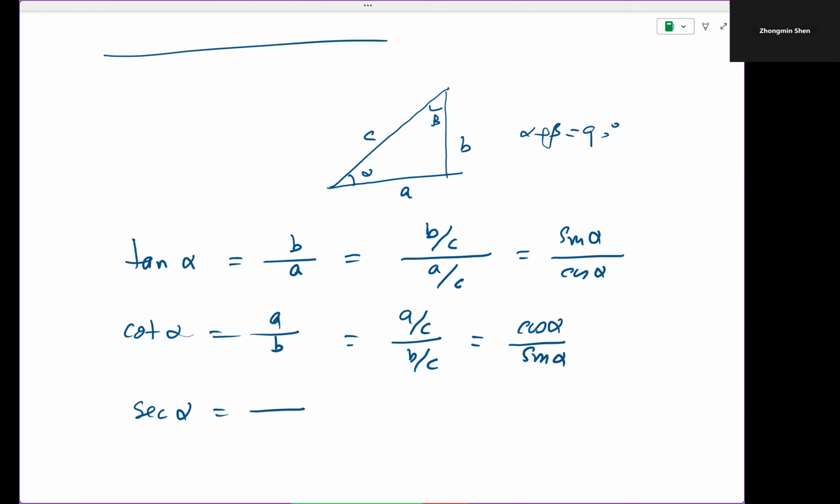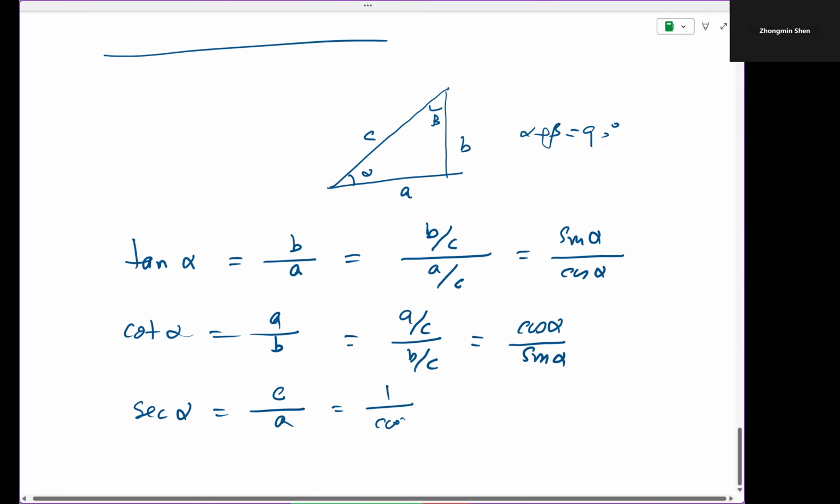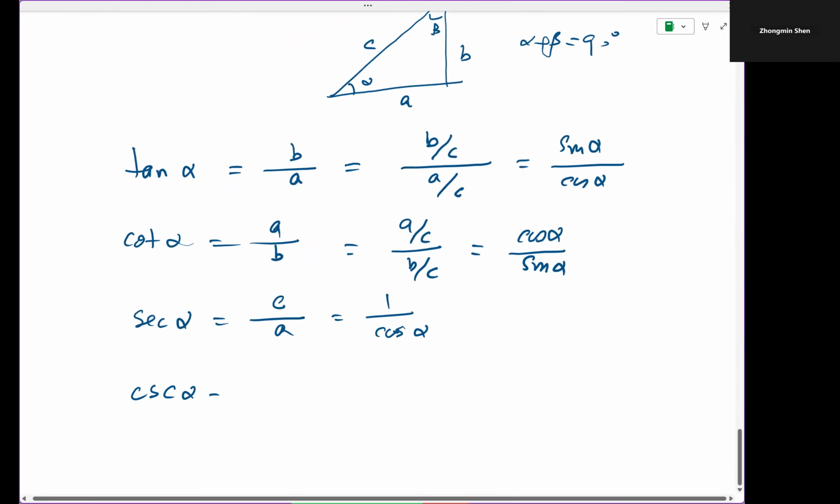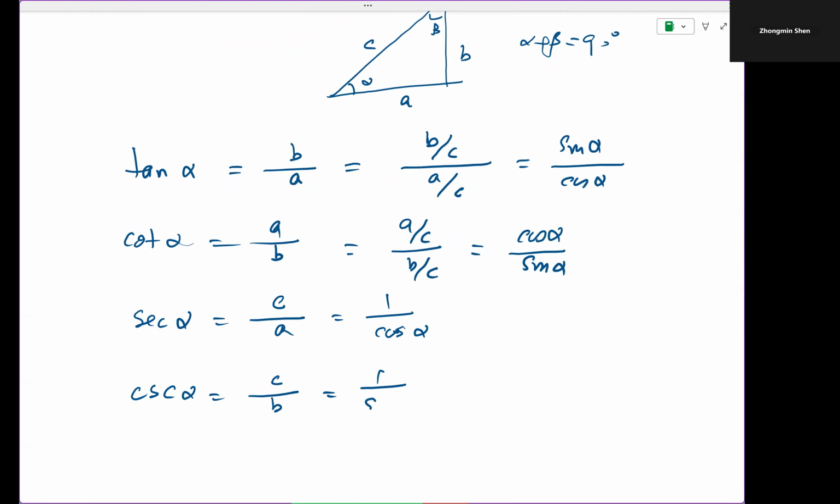Secant alpha is going to be C over A, sorry, C over A, it's one over cosine alpha. Okay, that's a little confusing. Cosecant alpha, that's just C over B. It's one over sine alpha. Those are just not new functions, they just give them more names.